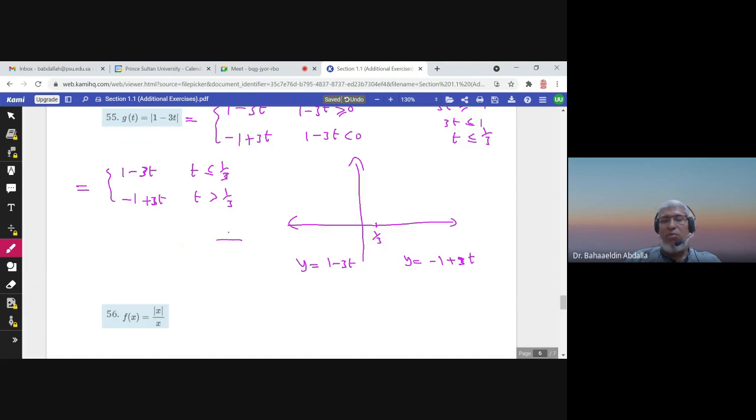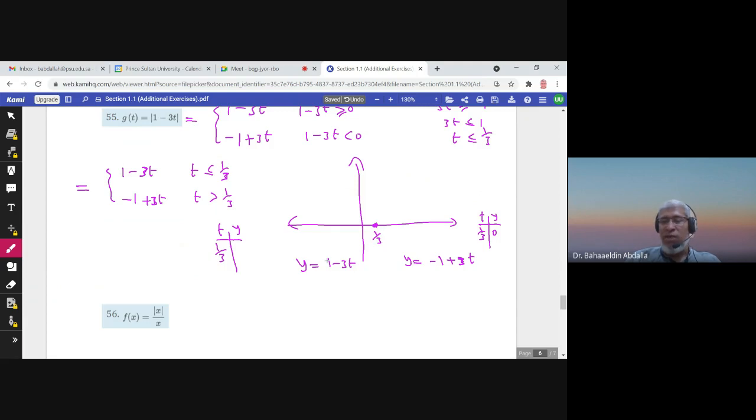So to the left of 1 over 3, I will sketch the graph of this line. I will start with the important number. If you replace t by 1 over 3, negative 3 times 1 over 3 is negative 1, 1 minus 1 is 0. Also for this line, if you replace t by 1 over 3, you get negative 1 plus 1, which is again 0.